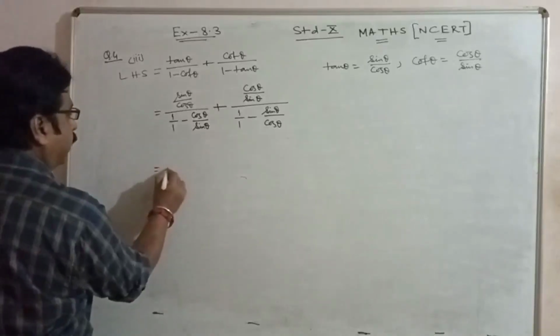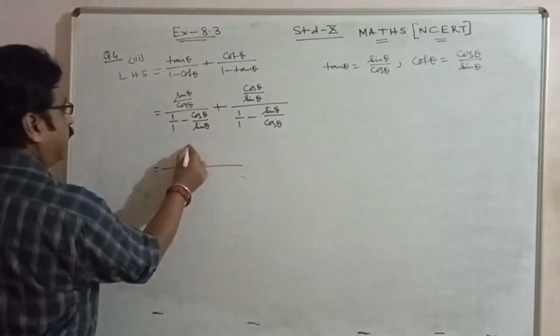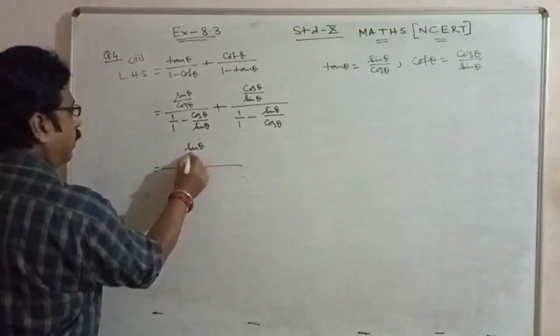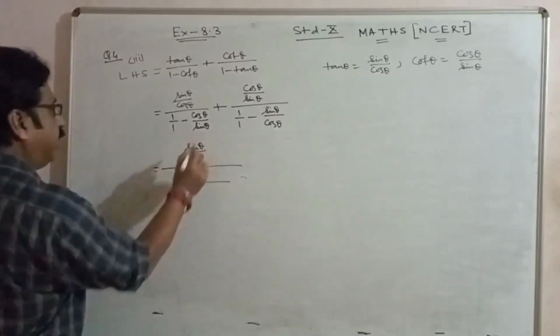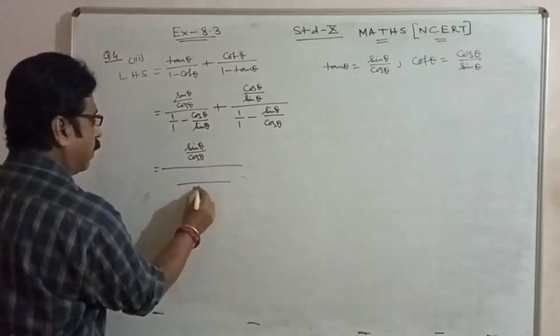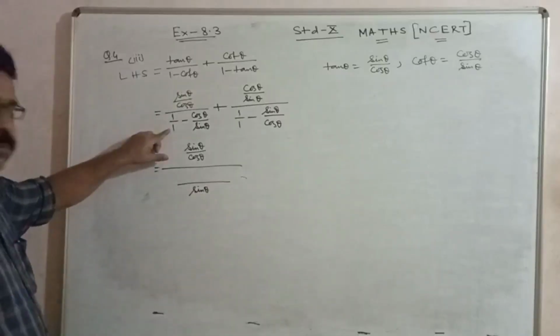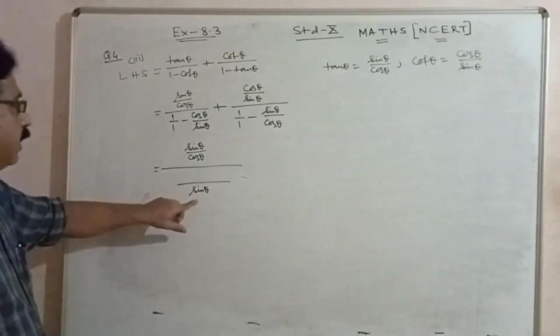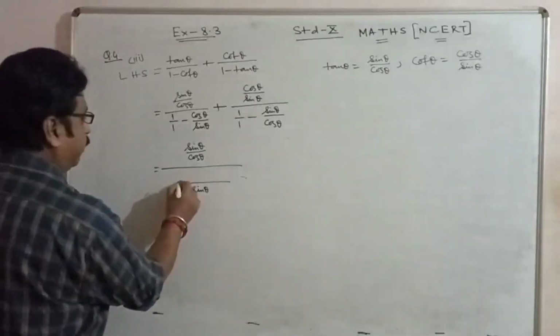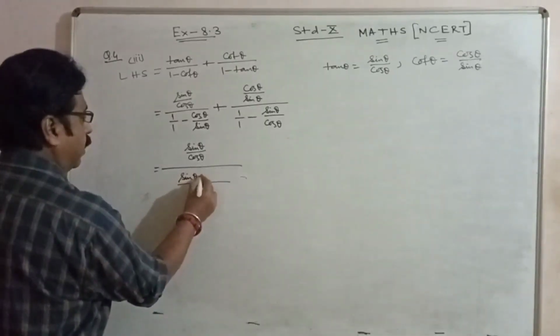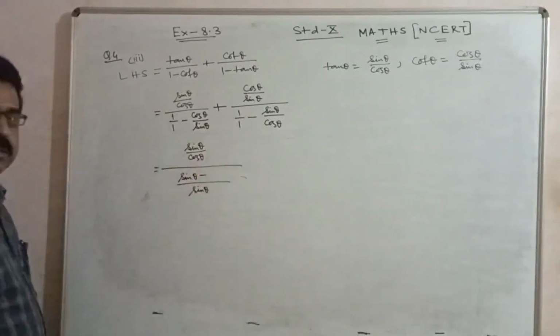Next, sin theta upon cos theta. Here sin theta is the LCM. 1 into sin theta will be sin theta. That sin theta into this numerator 1 means sin theta, minus sin theta into 1 is sin theta.